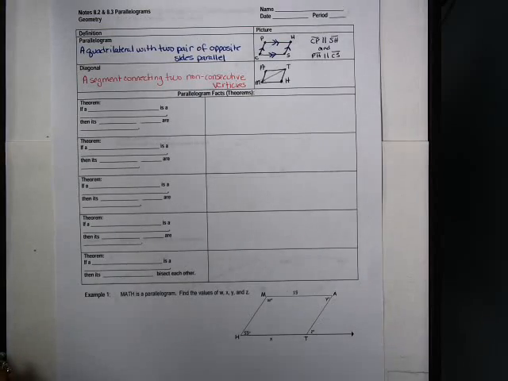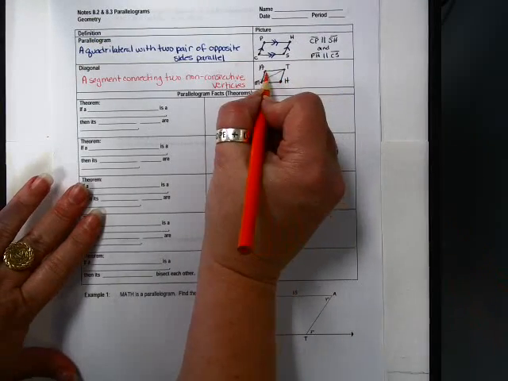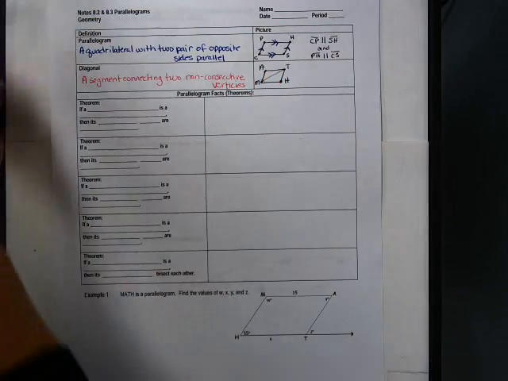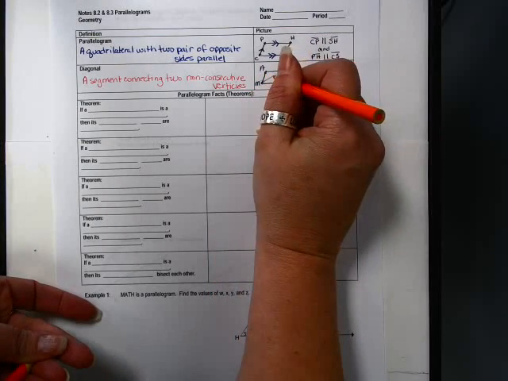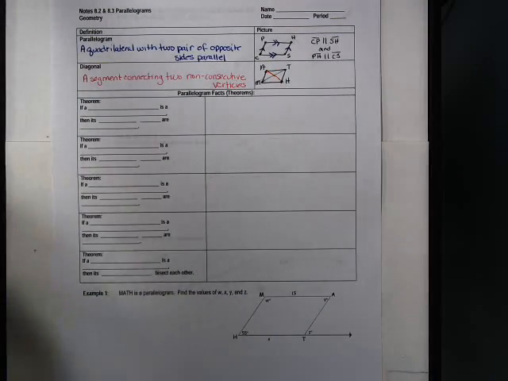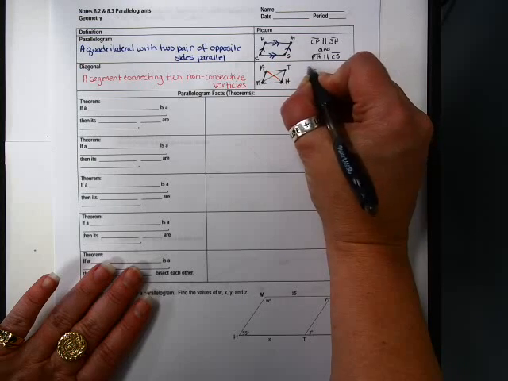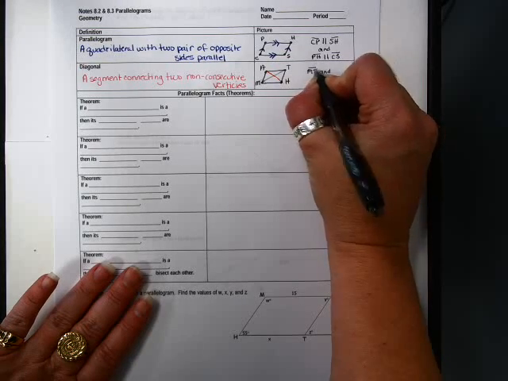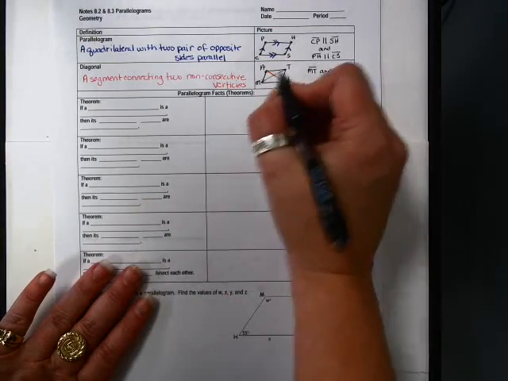There's another diagonal that I can draw, and I'll choose a different color, this one right here. I can draw the diagonal from A to H. So what I should write down are segment MT and segment AH are diagonals.